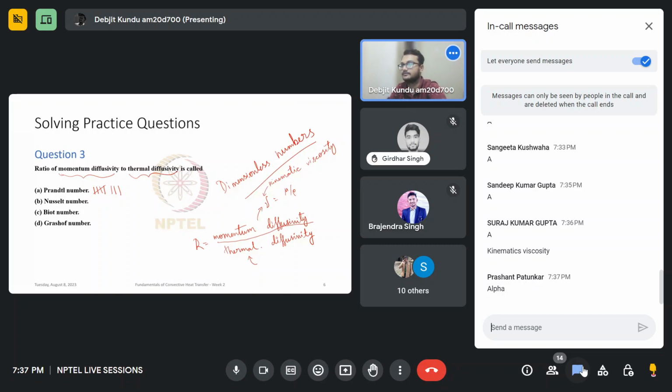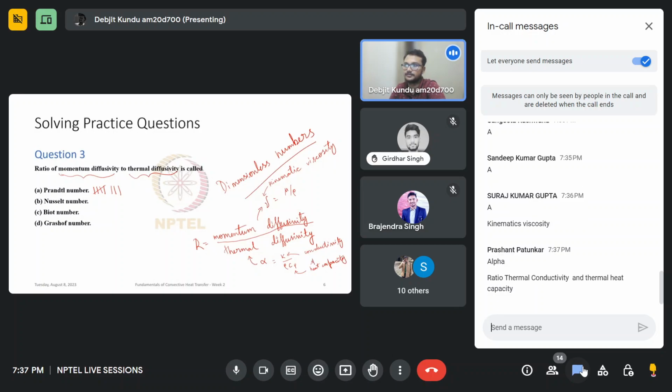Alpha, correct. Alpha is given by K over rho Cp, where K is the thermal conductivity, rho is density as we know it, and Cp is the specific heat capacity of the material.